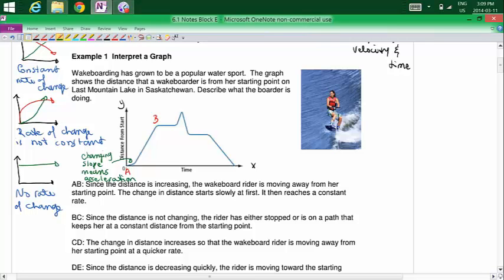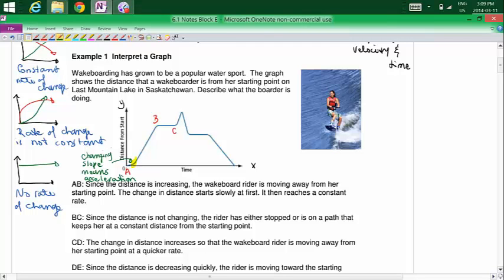Okay, so we start out moving slowly away from our starting point, but you notice it picks up rather rapidly right in this section right here. Okay, so that's quite a rapid change in there. And then the change evens out and then it becomes more constant. Okay, now for BC, so BC is going to go from B to C, which is right here.